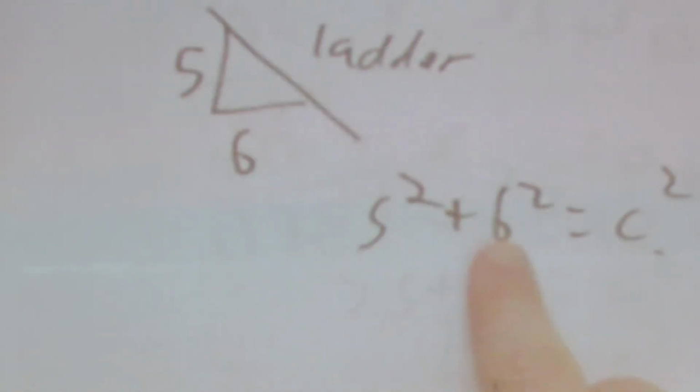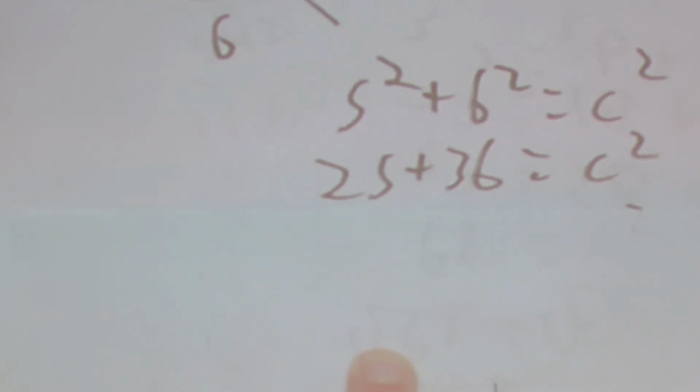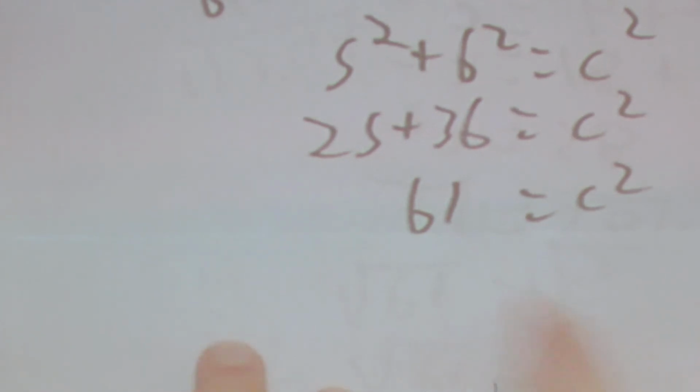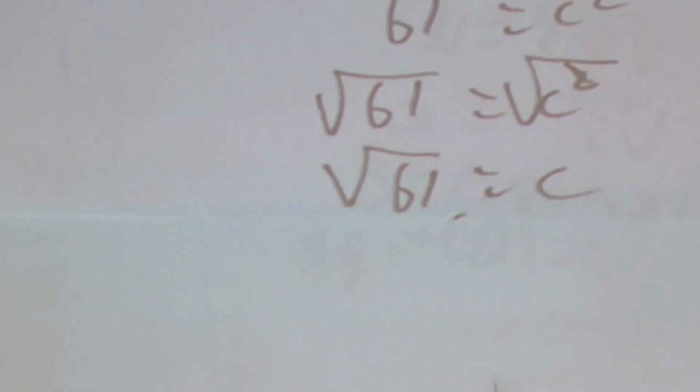I'm going to put 5 and 6 in. 5 squared is 25, 6 squared is 36, and that equals c squared. 25 plus 36 is 61. Then I need to take the square root of both sides, and I just get square root of 61 equals c. You don't need to work this out, just leave it like this, but remember on MyMathLab, SQRT in parentheses 61, and that's what your c is going to be.